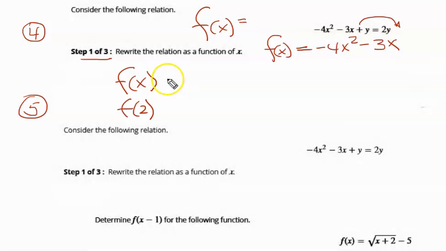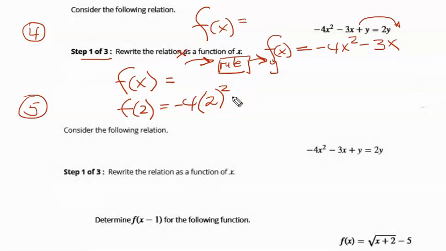What would that answer be? Well, remember we said there's input into the rule, and then you get output. This would be the x value going into the rule, and then your output is y. And that's what they want here. So we're going to say -4 times parentheses, substituting 2 for the x, that's going to be squared, minus 3 times 2.